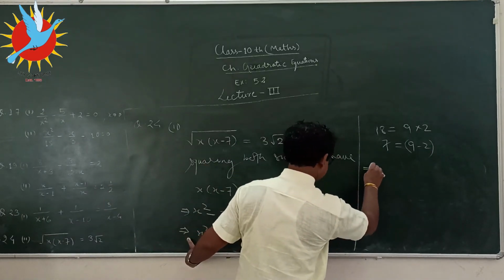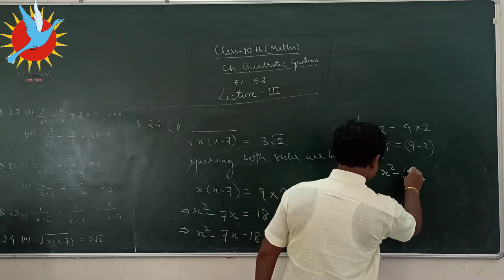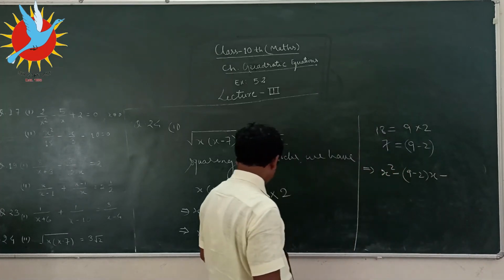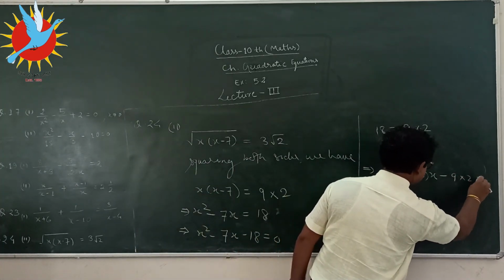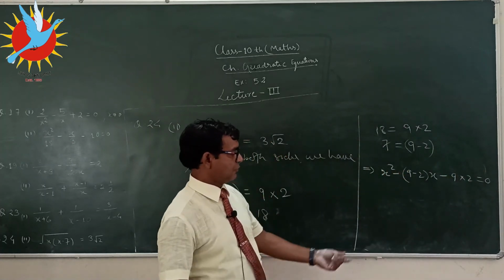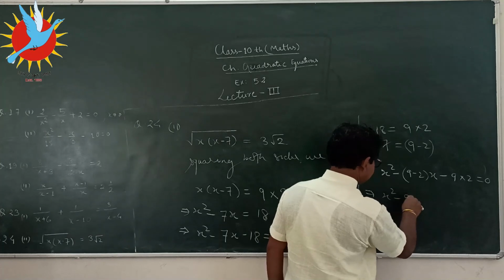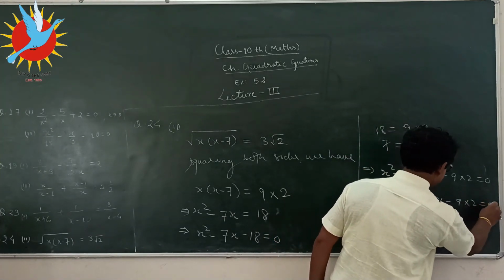So this implies x square minus (9 minus 2) into x minus 9 into 2 equal to 0. Now open this bracket. This will become x square minus 9x plus 2x minus 9 into 2 equal to 0.